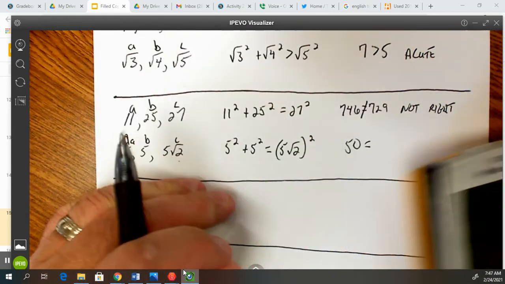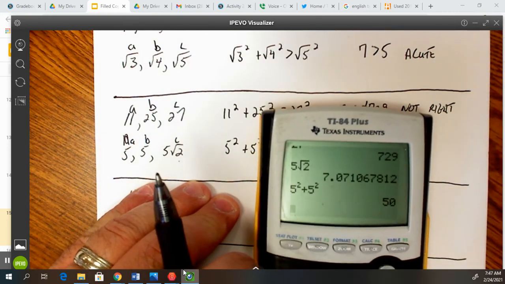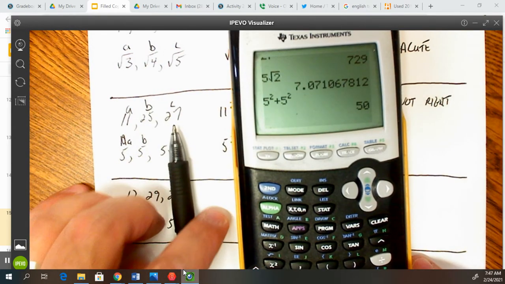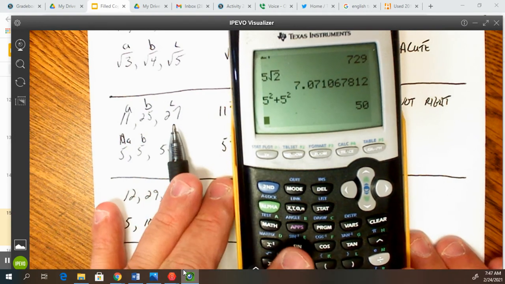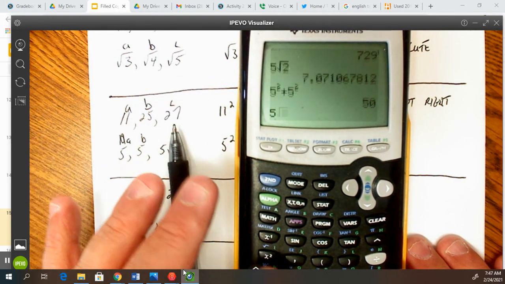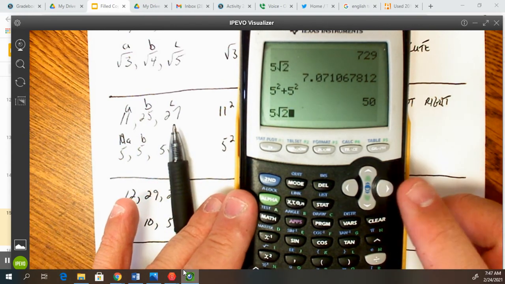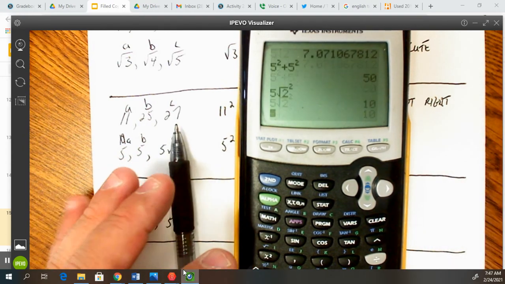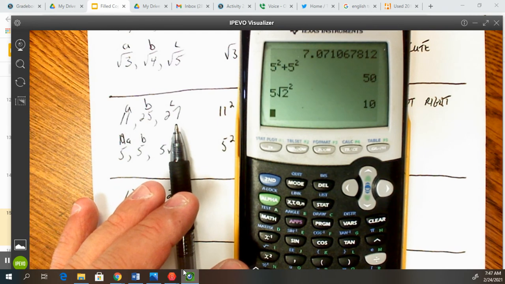Is that equal to? Now, here's the reason I like you to do these parentheses. If I were to do 5 square root of 2 squared, I get this. Okay?